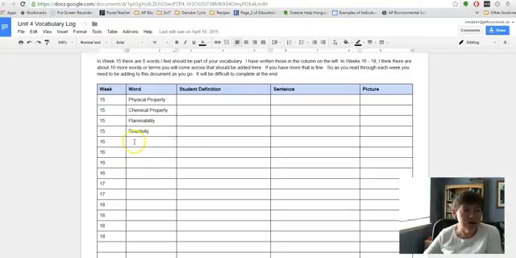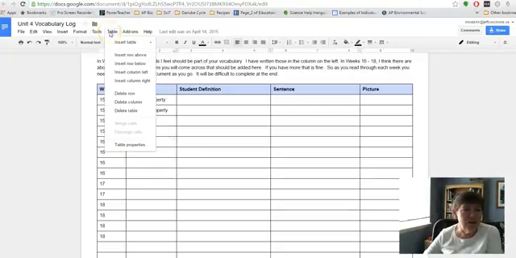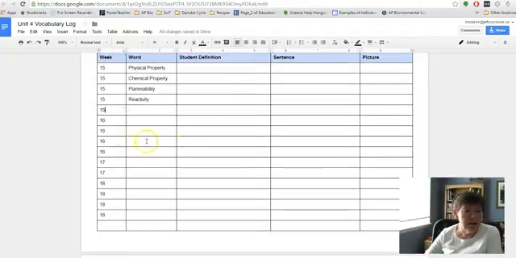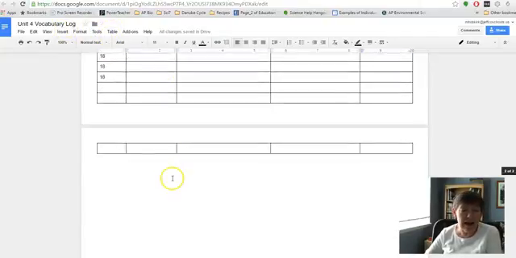Put your cursor here, go up to table, and choose insert row above or row below. Then put week 15 or week 16 there, depending on which week you're adding a word for. You have to add a minimum of the words I have numbered here for each week, but you may always have more, and now you know how to add those.